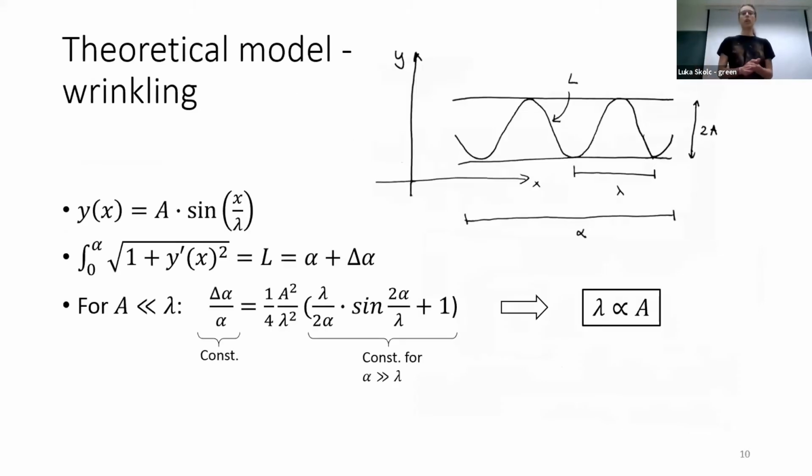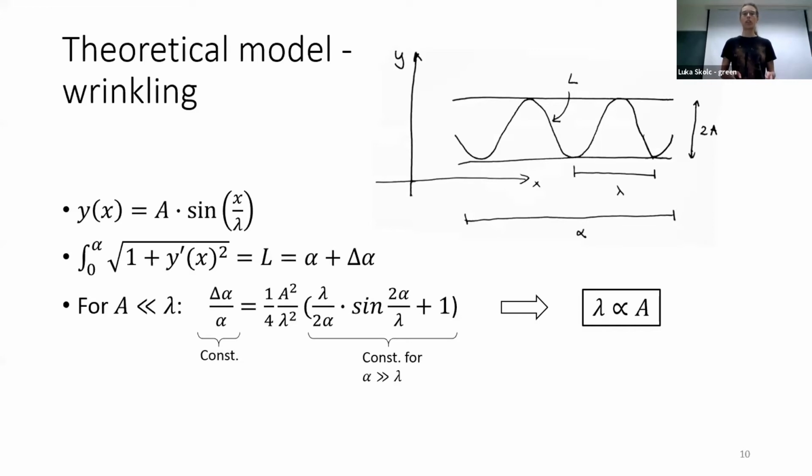And since we were interested in the relationship between wavelength and amplitude, we inserted the solution into the initial equation. And as we suppose that alpha is much greater than lambda, it is true that everything is constant except for amplitude and wavelength.